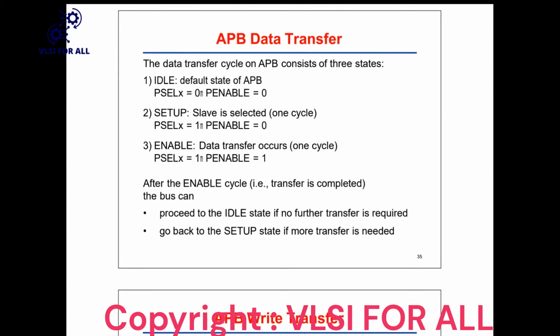So after setup it will move to the access state. Enable or access means we can access the slave, because the slave is also selected. Enable high means the master is also ready to give the data, but we don't know whether the slave is ready or not. Maybe the slave is busy with another master, or there can be any other reason for it to be busy, so we have to wait for the slave to get ready.